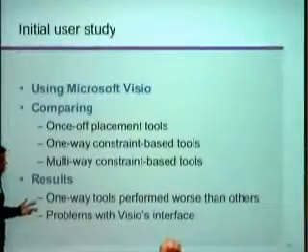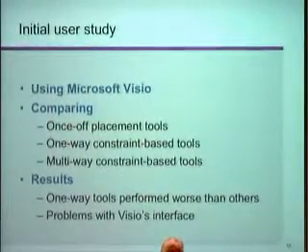Really, we didn't have a high level of confidence in the results of this, and a lot of it we actually felt was due to the ways that these tools are implemented in Visio, more than because of the constraints of doing it with one-way constraints as opposed to multi-way constraints.